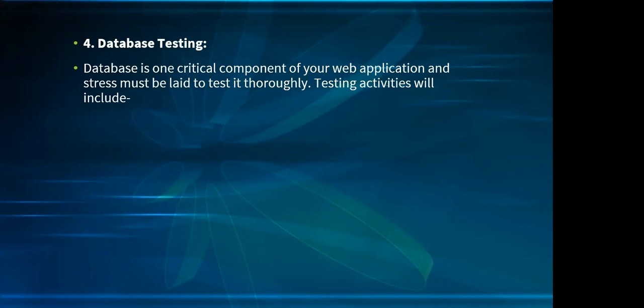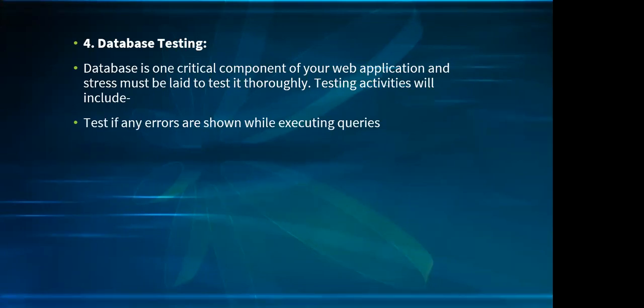Database is one critical component of your web application, and stress must be laid on testing it thoroughly. Testing activity will include testing if errors are shown while executing queries. For example, if you're selecting using a wrong table, we want to be sure and certain that it is telling us that it is a wrong table, a specific error.